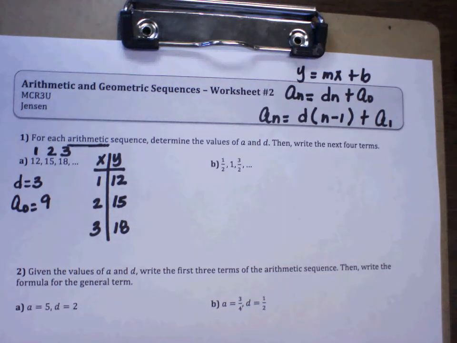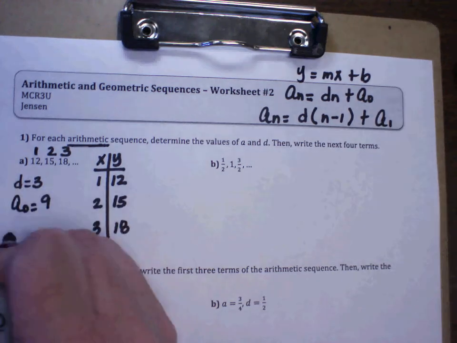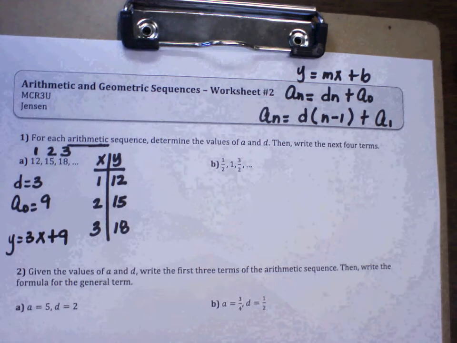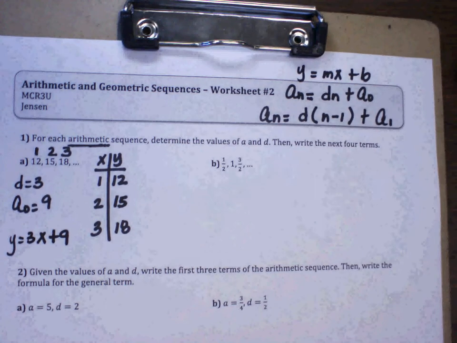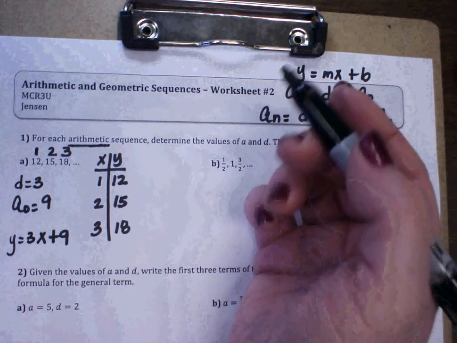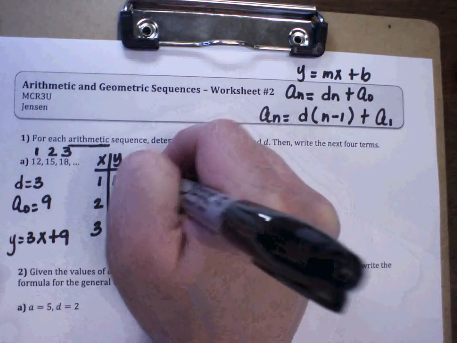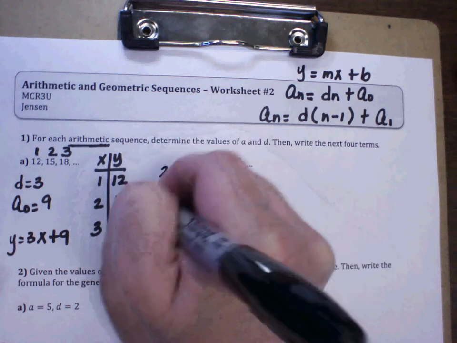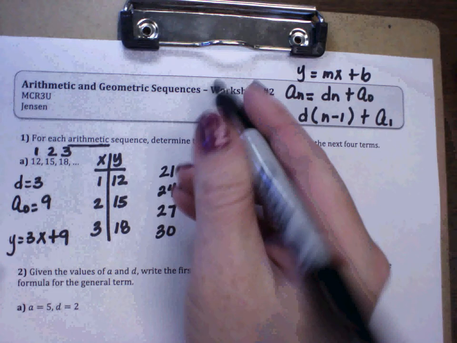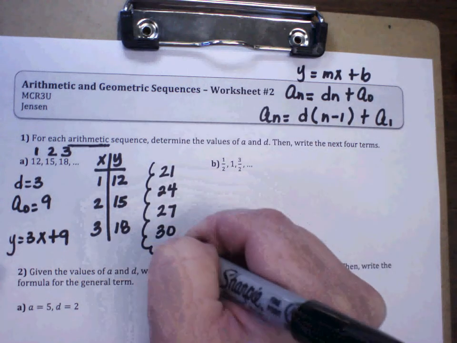Yes? We got it? All right, so now we need the next four terms. Put it on the table, or just keep adding threes. The next four terms: 21, 24, 27, and 30. There you go.